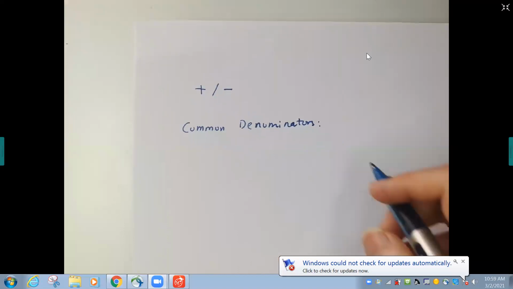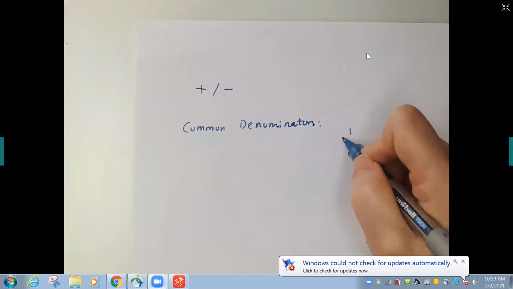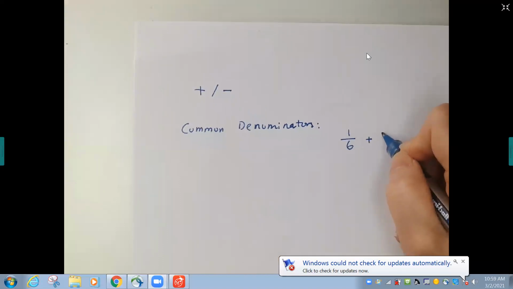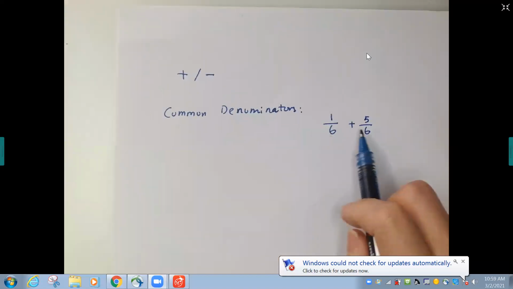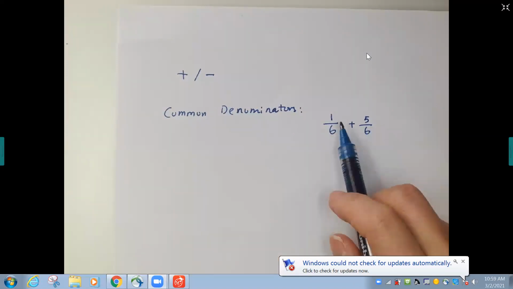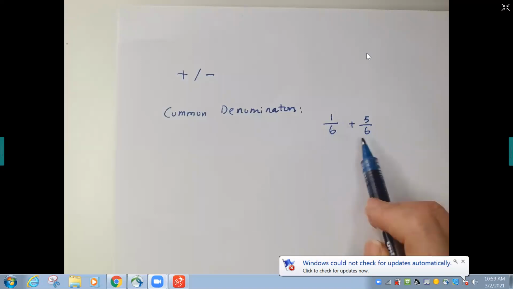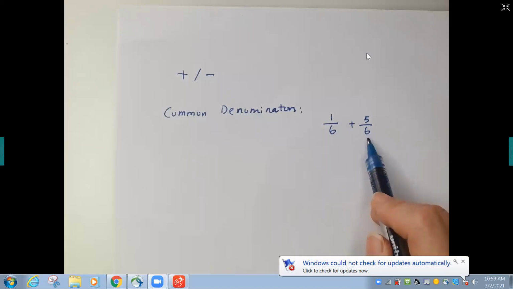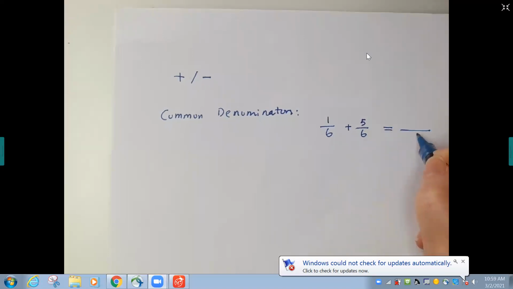It's the same thing as, for example, adding 1/6 plus 5/6. What we are adding are two special rational expressions, as I told you before. The fraction numbers are also rational expressions. How do we add those two fractions? We are going to keep the common denominator.